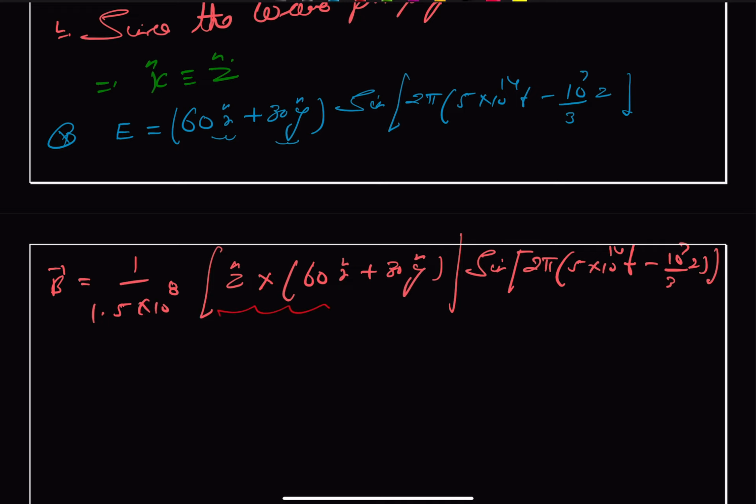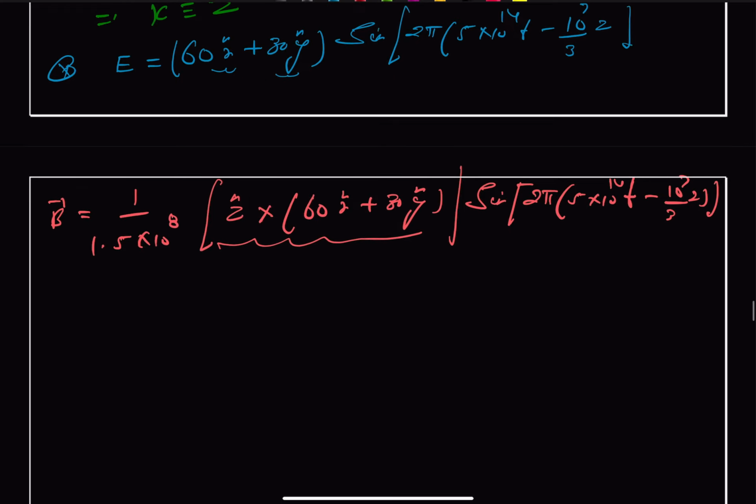So we are going to find out their cross product, and z unit vector multiplied by x unit vector is going to give us y, and z unit vector cross y unit vector will be giving us minus of x.